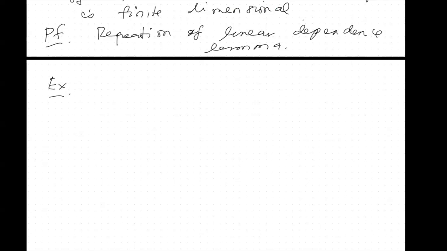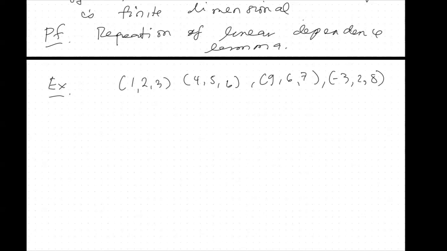Let me end with the following example. We get (2, 3, 4), (5, 6, 9), (6, 7, -3, 8) is not linearly independent. Why?